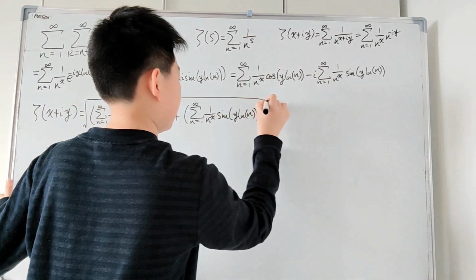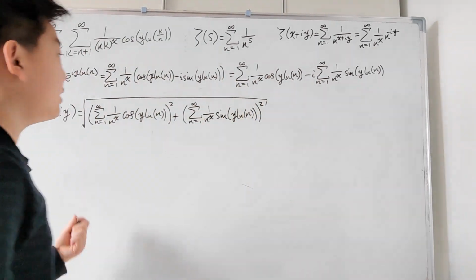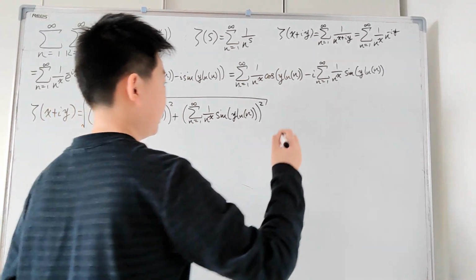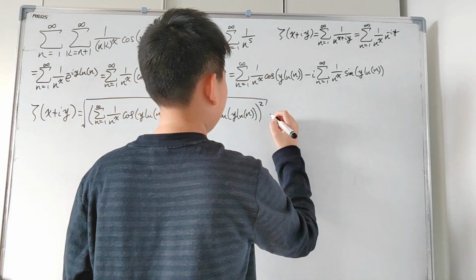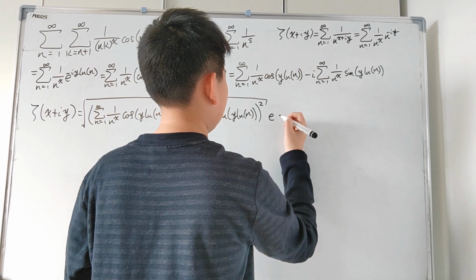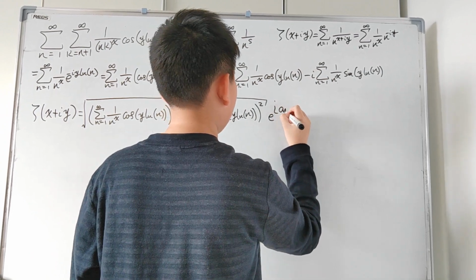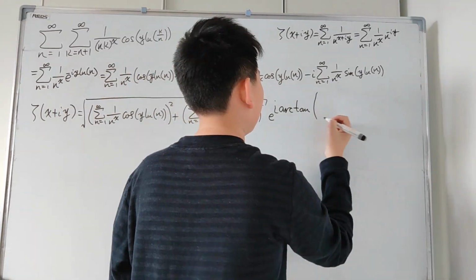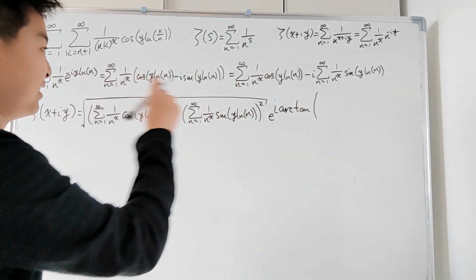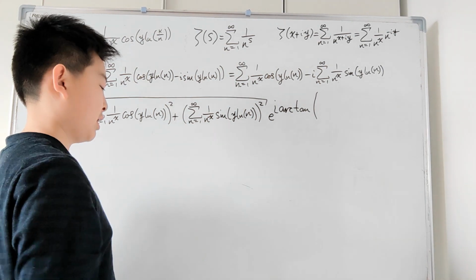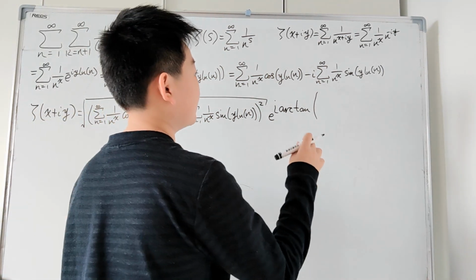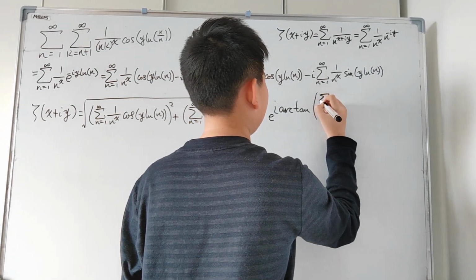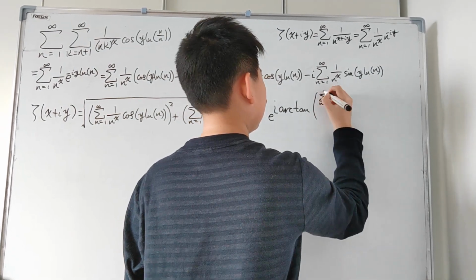This is the radius, and then we're going to have an e to the i theta term. Here we have e to the i arctan. That's the formula for theta, of, oh boy, it's going to be b over a, right? So that's going to be this thing over this thing, which is going to be a hefty fraction.